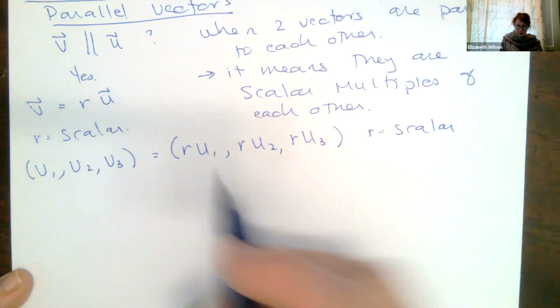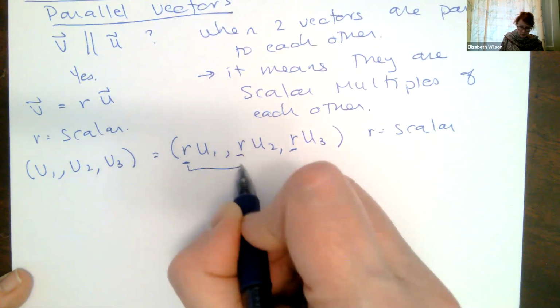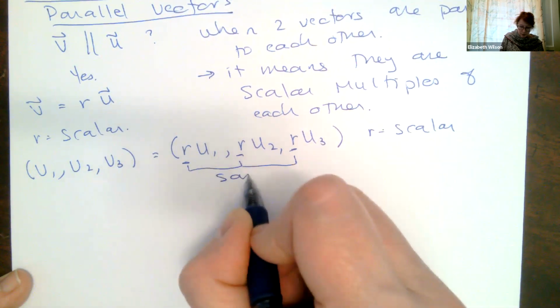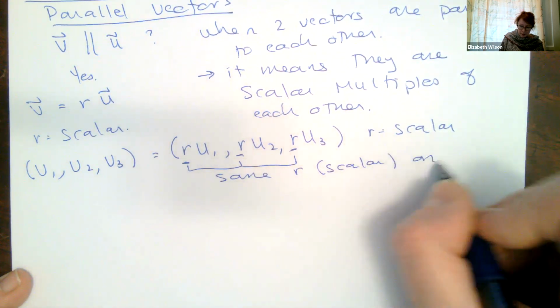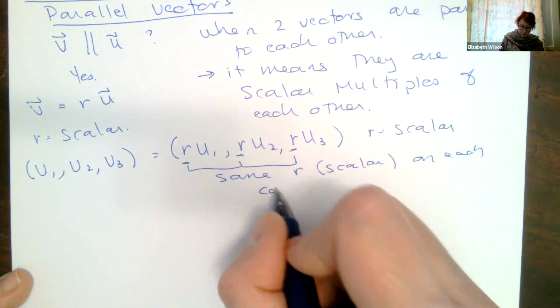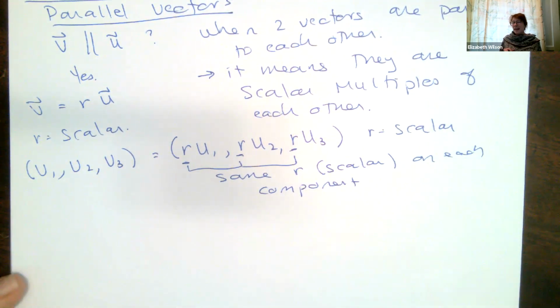It has to be the same R, same scalar on each component. If one of them is slightly different, even if it's negative R, then they're not scalar multiples.